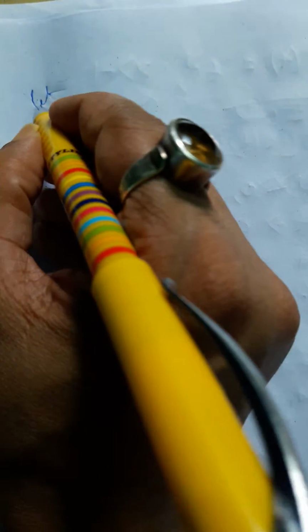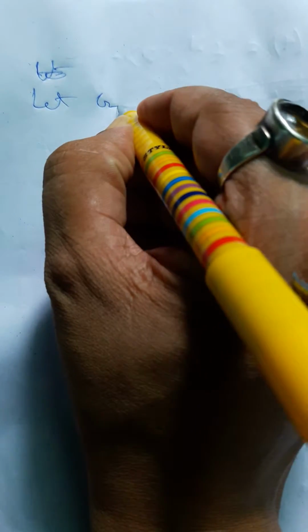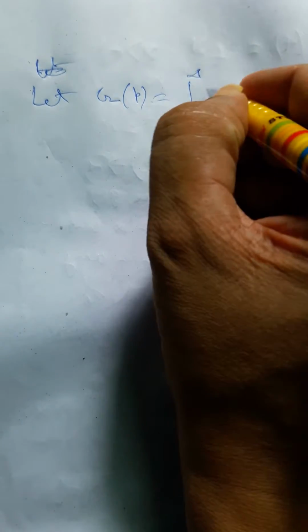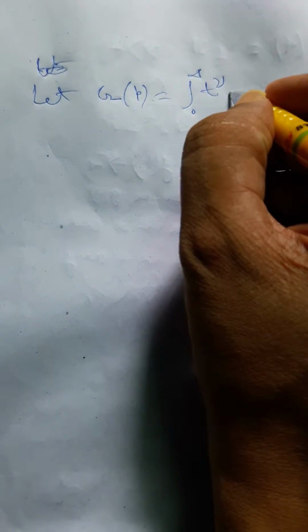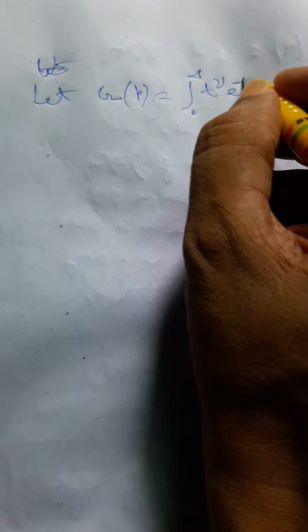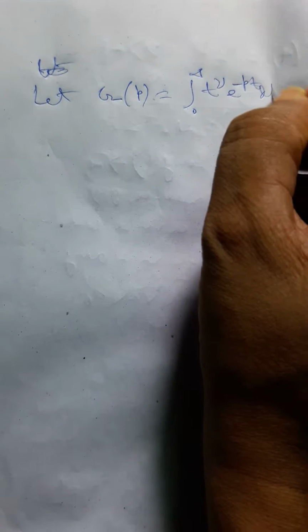Let G(p) equal the integral from 0 to infinity of t to the power gamma e to the power minus pt dt.